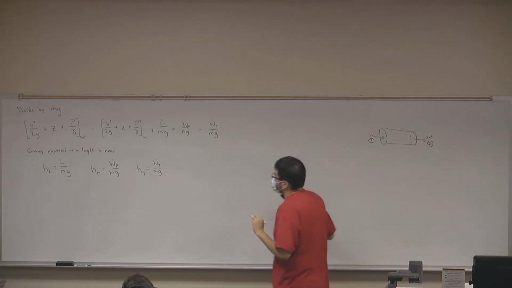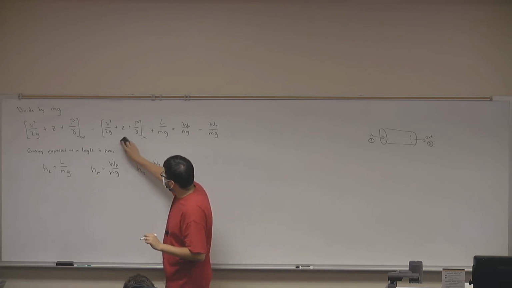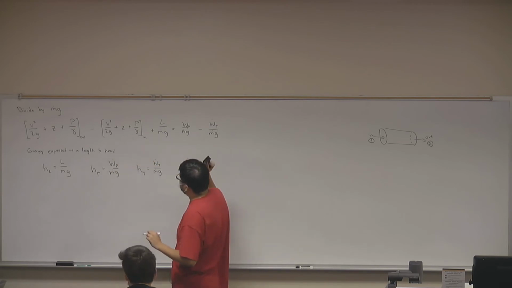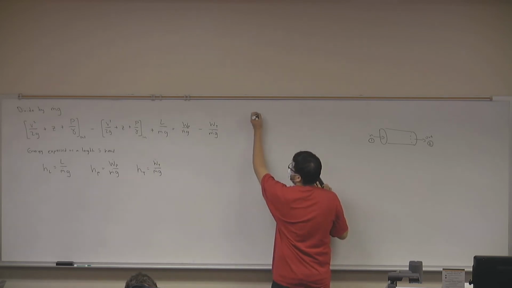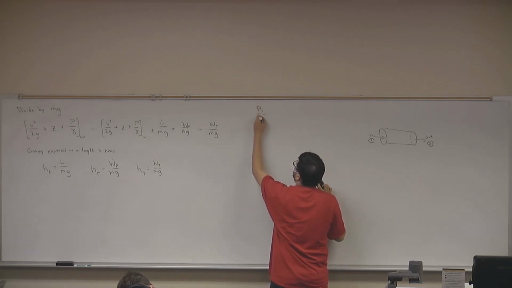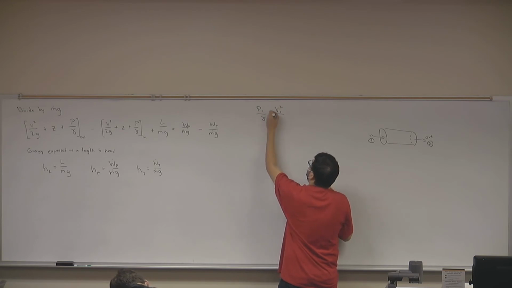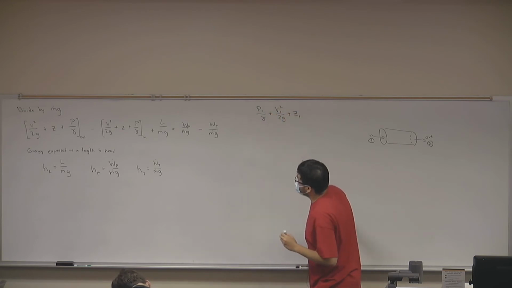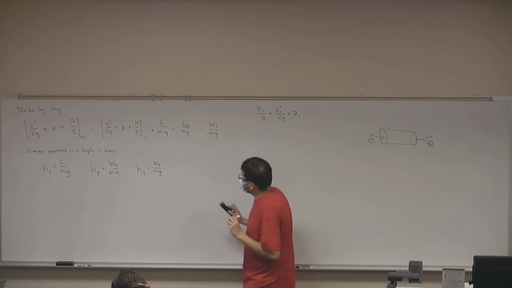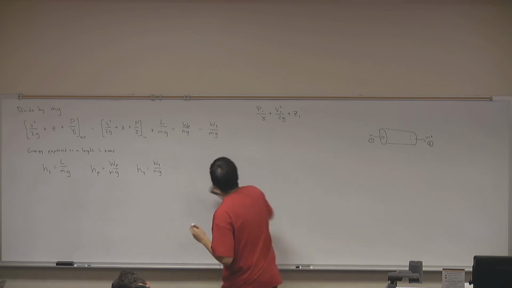I'm going to rearrange those terms a little bit. First off, I want all my terms to be positive, so I want to move all my in terms to the other side. I'm going to express my in terms: pressure, velocity, elevation. I want all my terms here to be positive, so I keep my pump head.